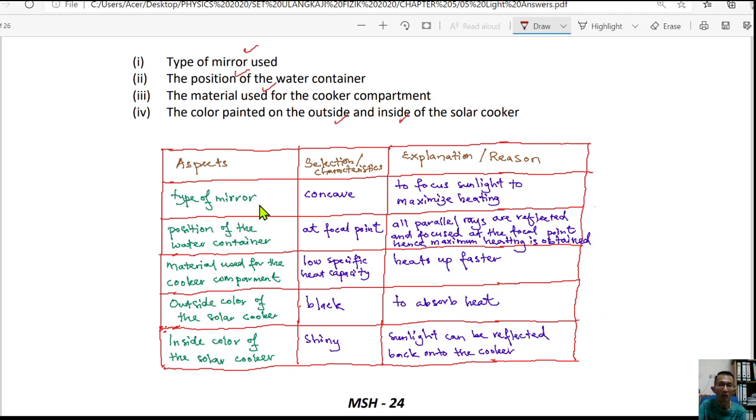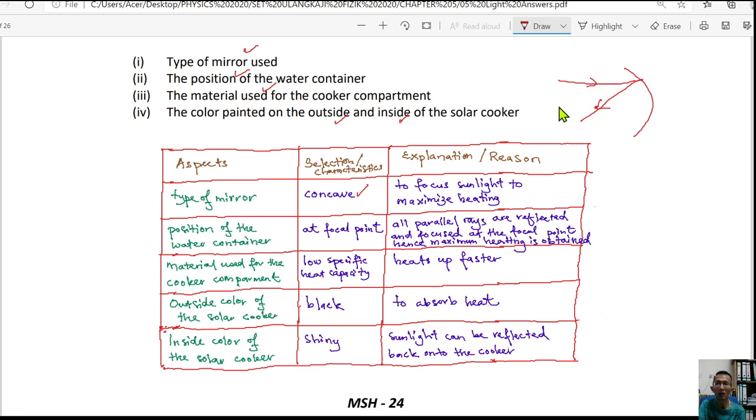So first, type of mirror. What do you choose? Which one is more suitable? For mirror, we have three, right? We have concave, convex, and plane mirror. So for this one, I will choose concave mirror, a mirror that looks like this, so that when light comes, it will be reflected, hitting our focal point.